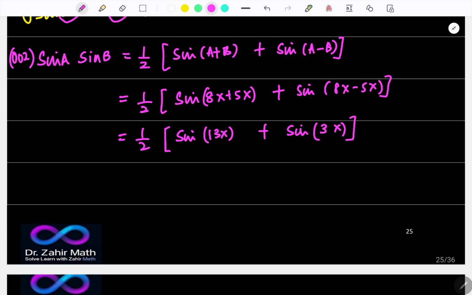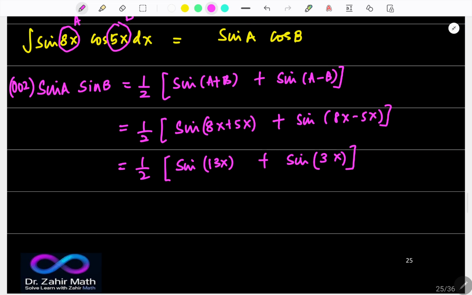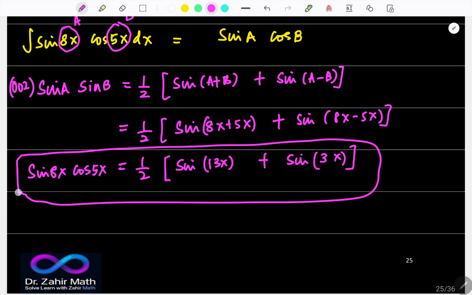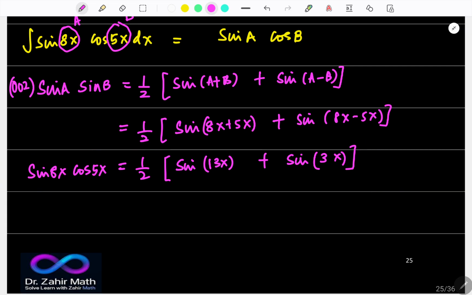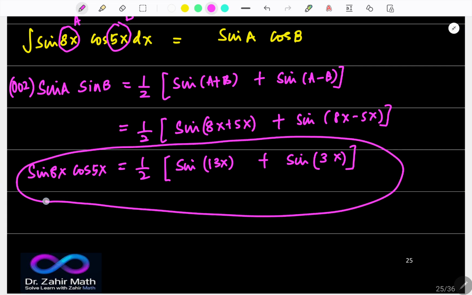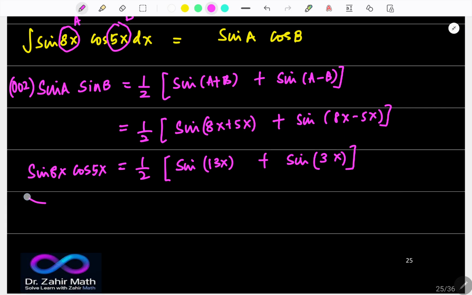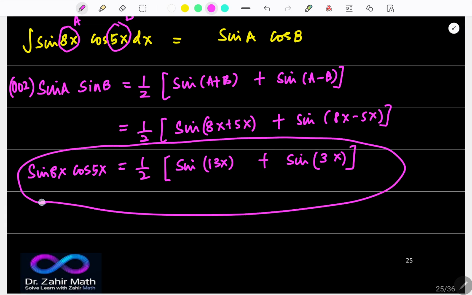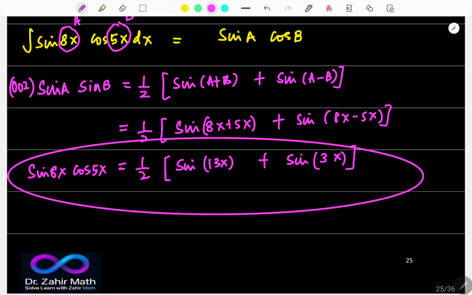Sorry, 3x. Okay, right. So this is sine 8x cosine 5x. This is the product formula. Clear all of you? Okay, let me write this one.